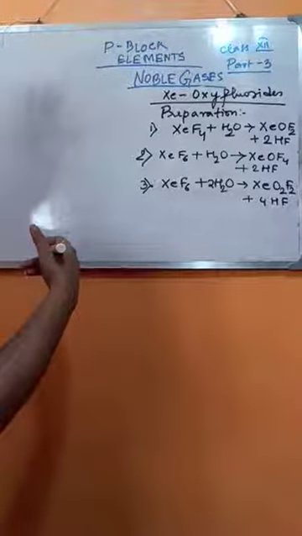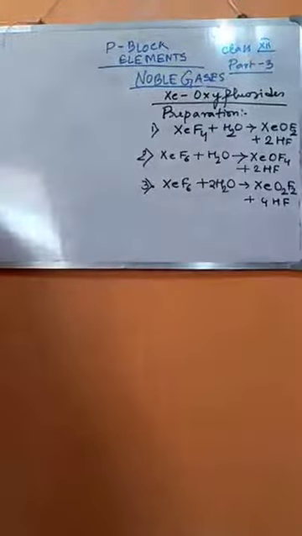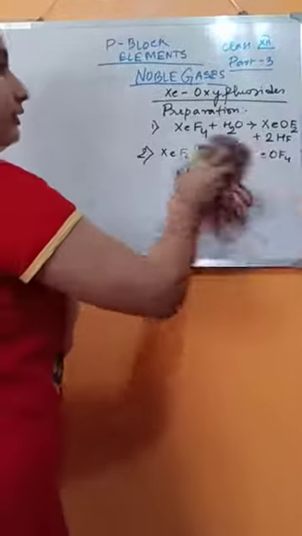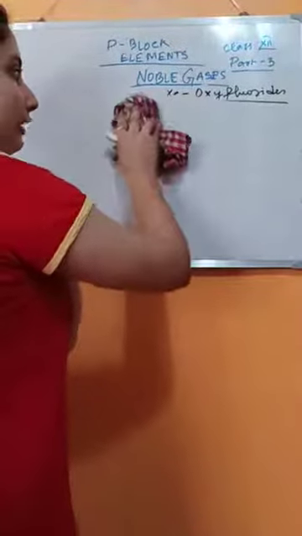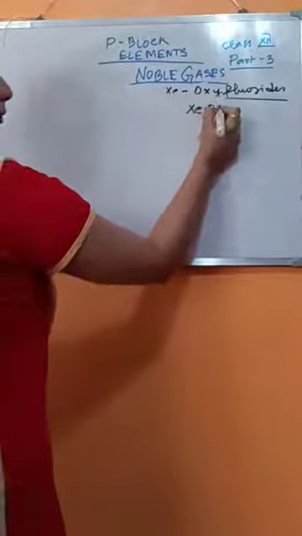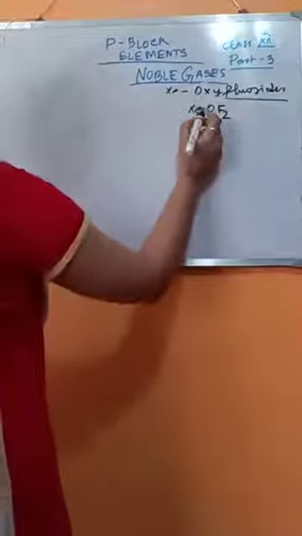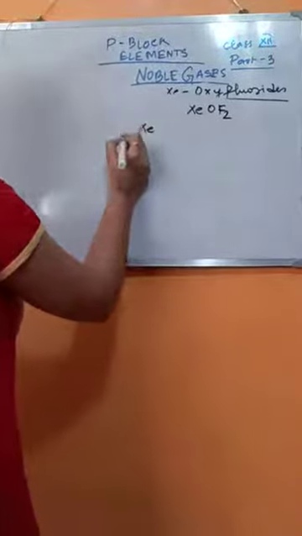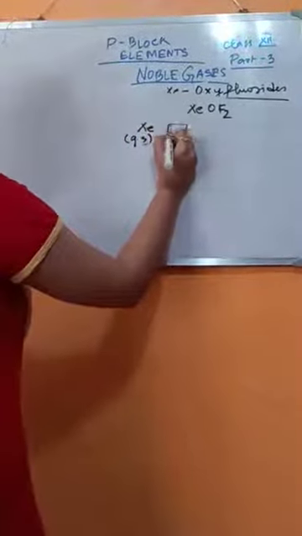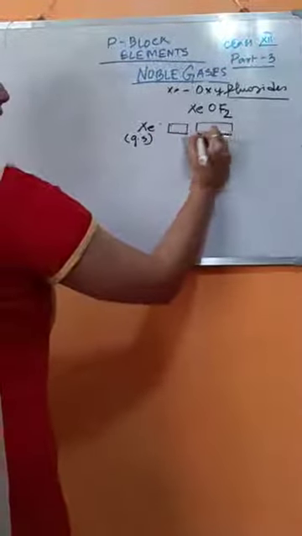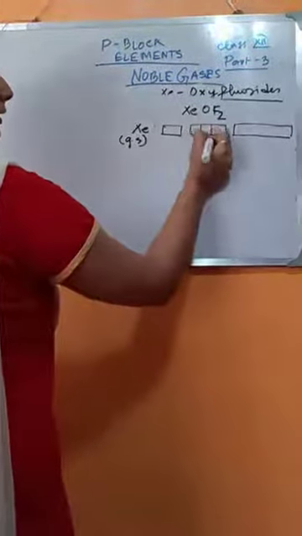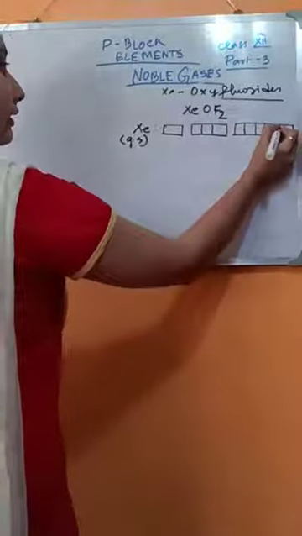Now let us come to the structures. For your exam, the entire structures of XeOF2 and XeOF4 are important. Xenon in the ground state: 5s, 5p and 5d.